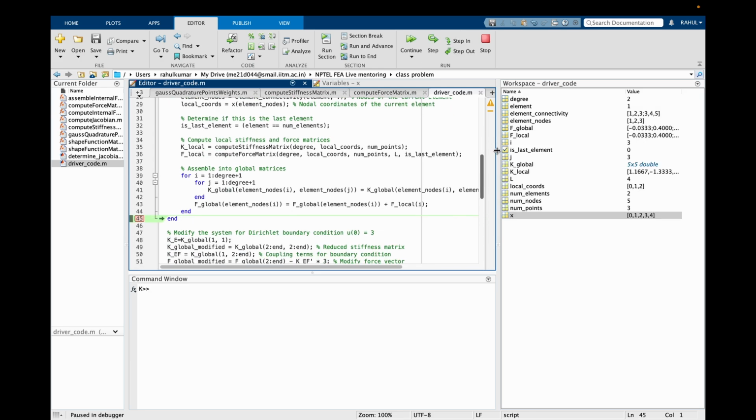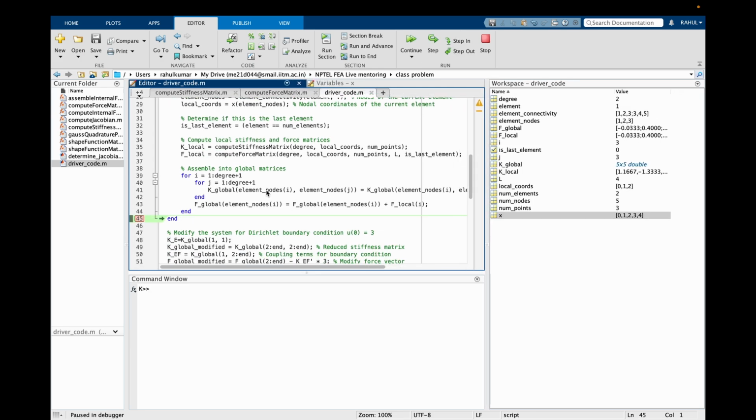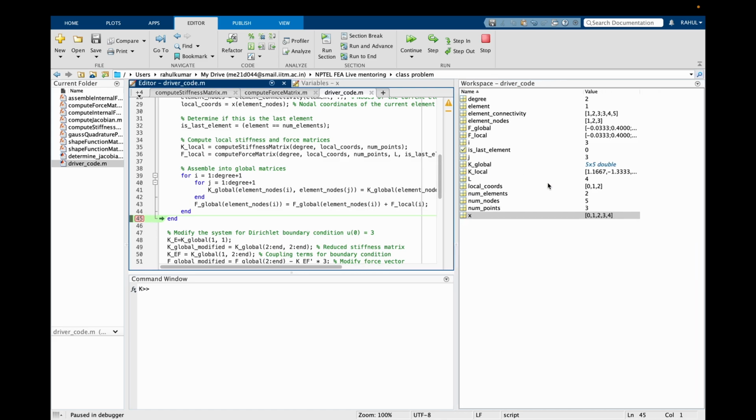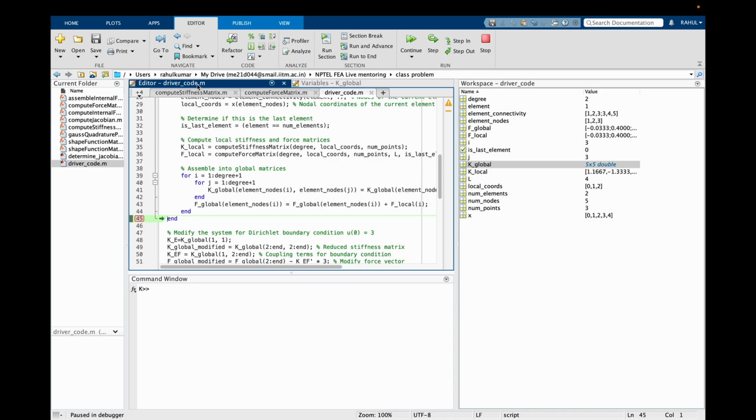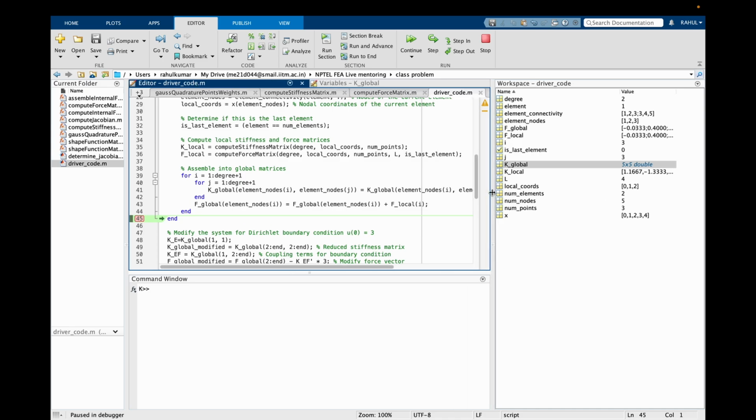When I run this code till this point, we got k global, f global, and also the f local. So we will first see k global. You will see that this is the f global, k global. I think it has not run two times.